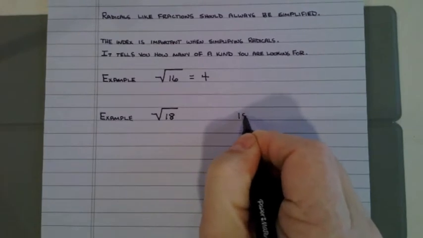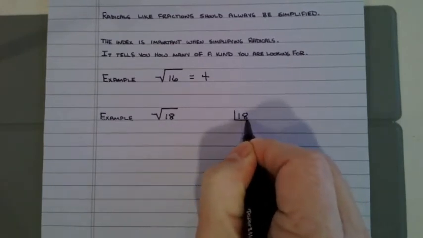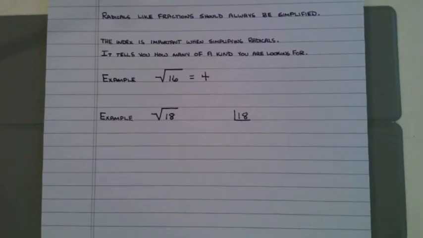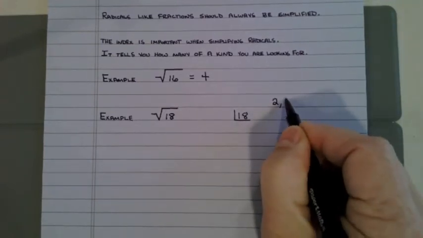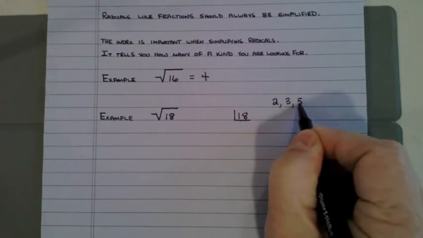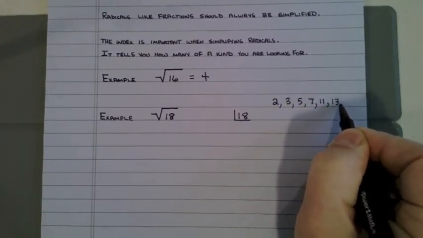What we're going to do is take this number that's up under the radical symbol and make an upside down division bar. And we're going to divide this by prime numbers. Examples of prime numbers: 2, 3, 5, 7, 11, 13, and so forth.